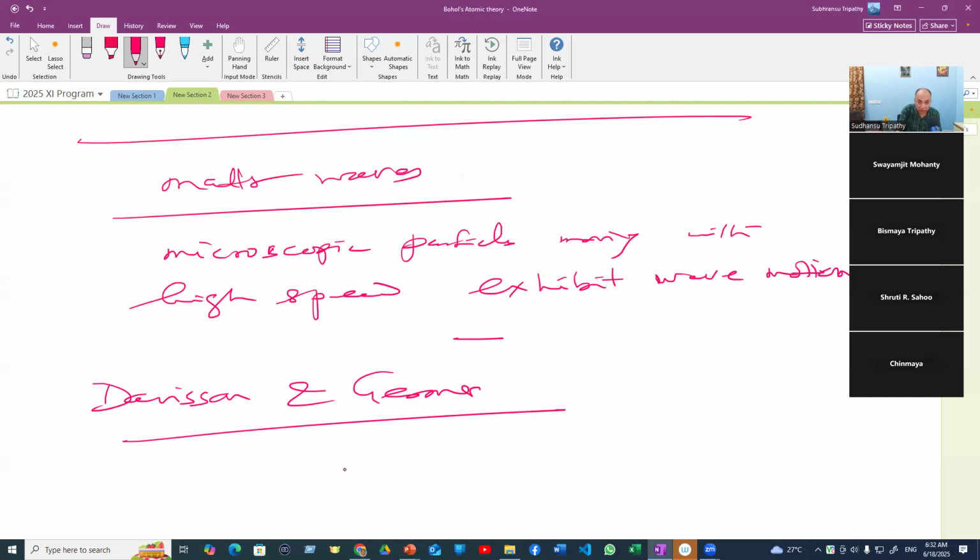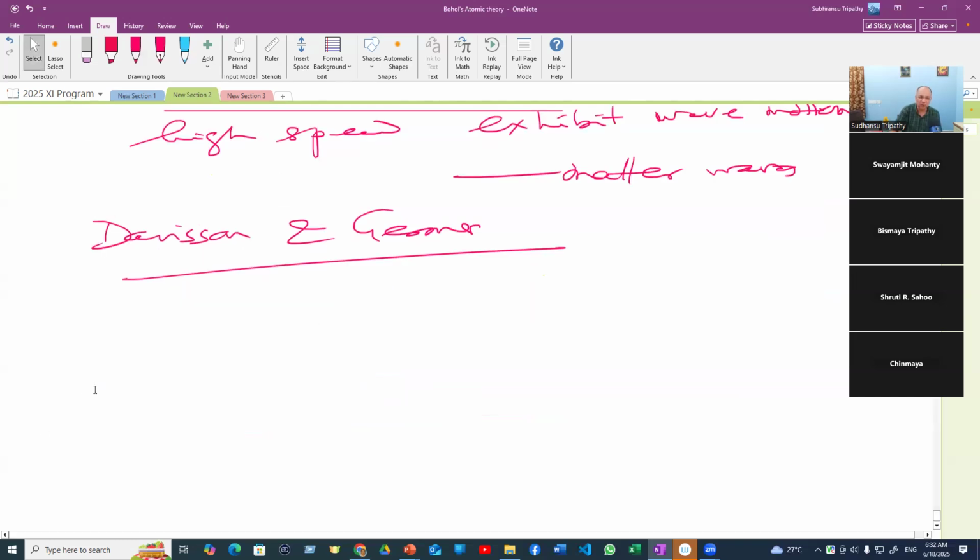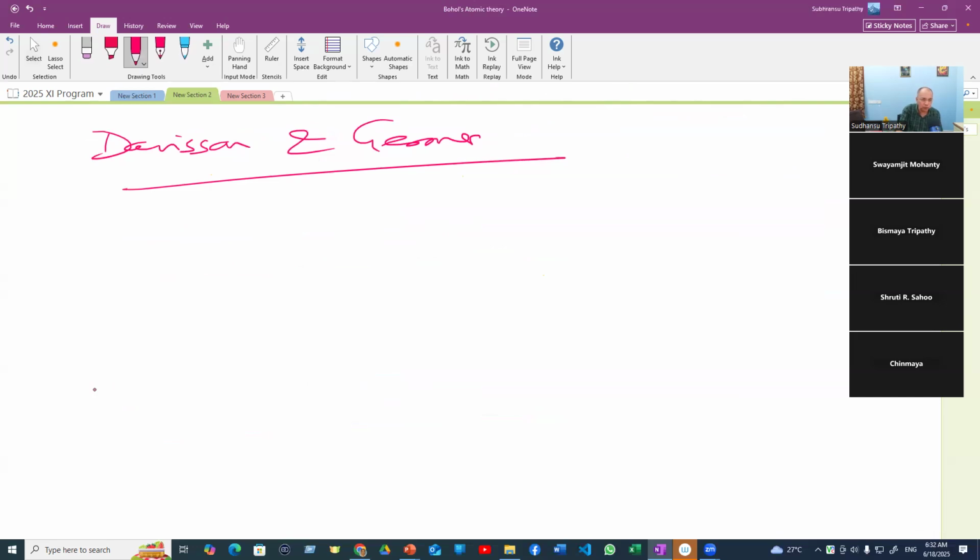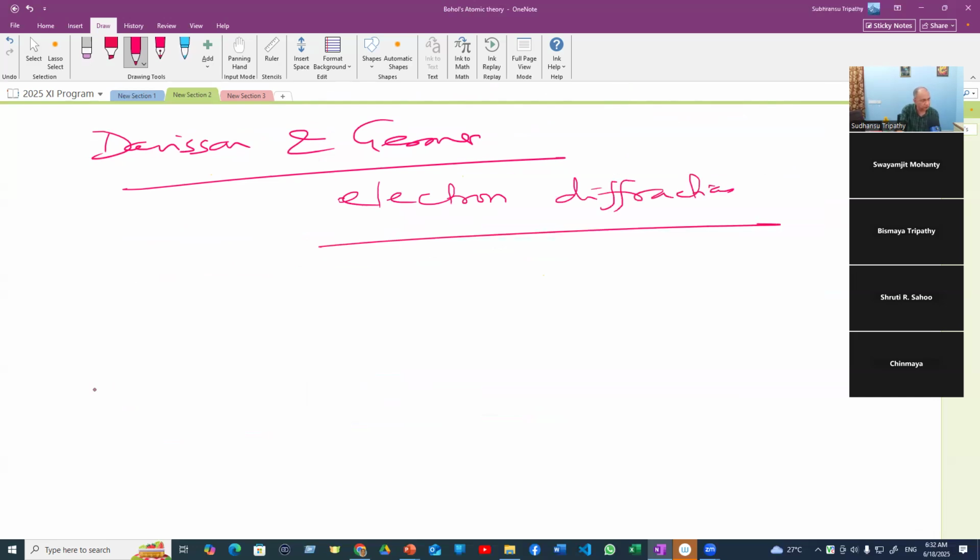That is called matter waves, which is significant for microscopic particle but insignificant for macroscopic particle. So electron diffraction pattern is the same, similar to the X-ray diffraction pattern.